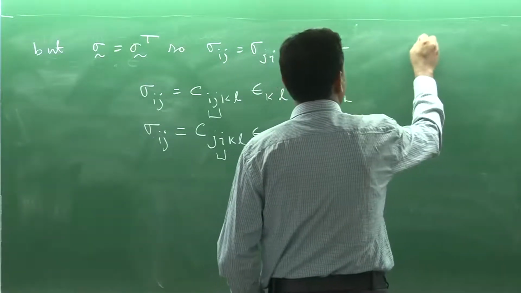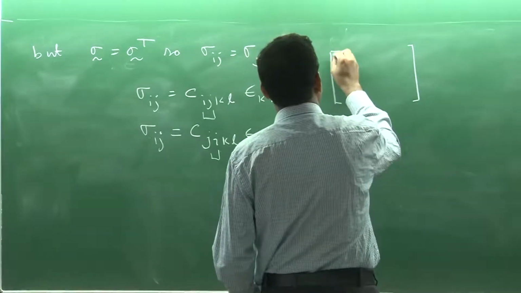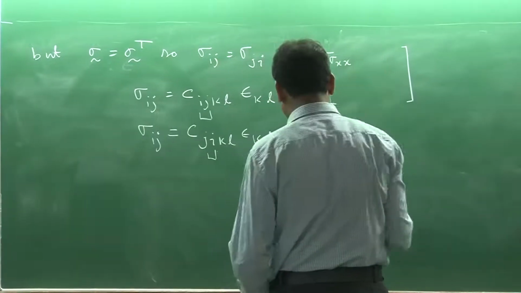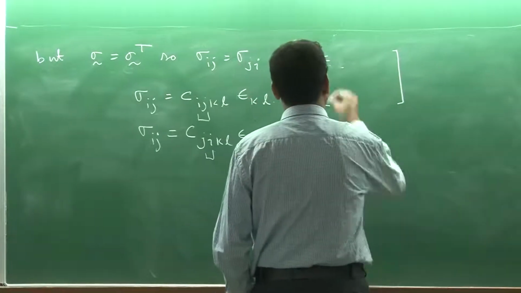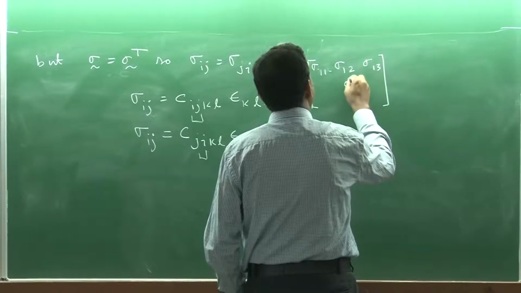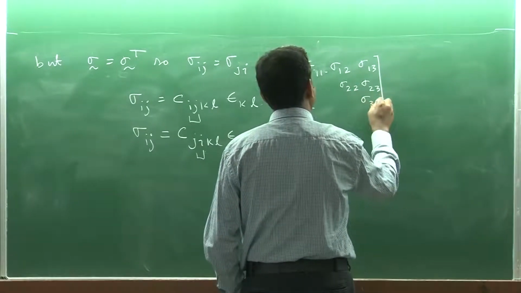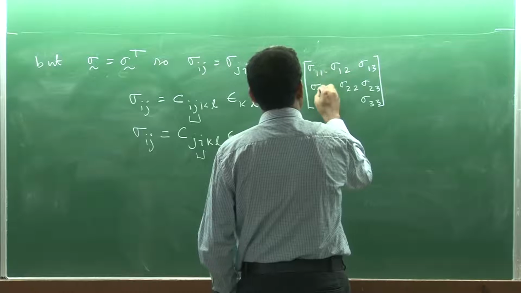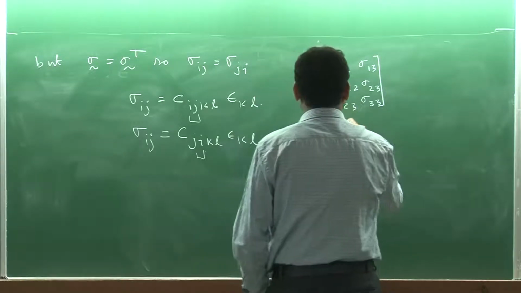See the stress tensor, or the strain tensor for that matter. Sigma xx, or sigma 11 if you want, sigma 12, sigma 13, sigma 22, sigma 23, sigma 33, and this is symmetric. So how many components? 9 components.